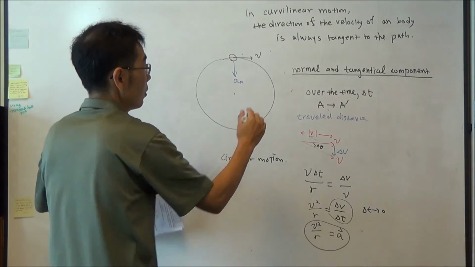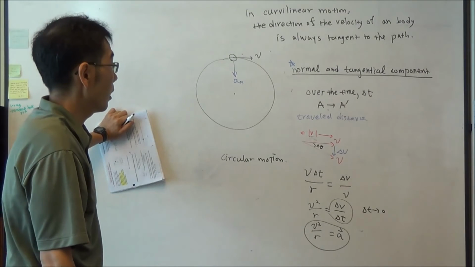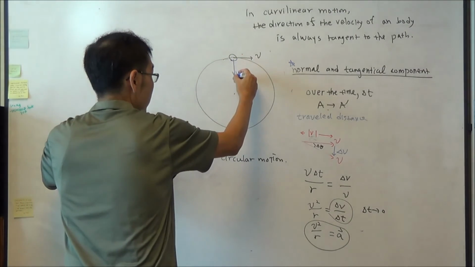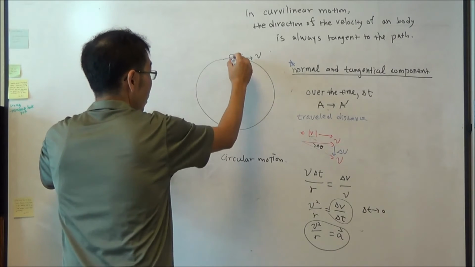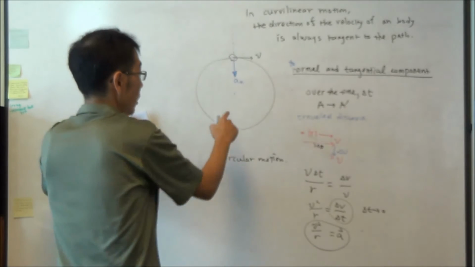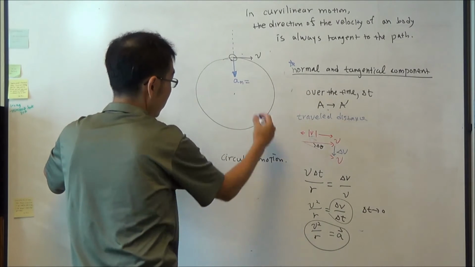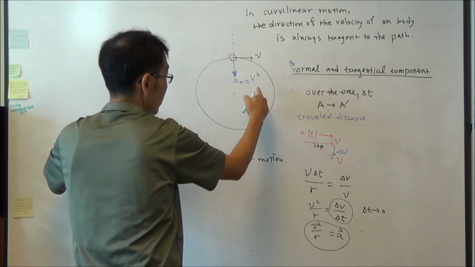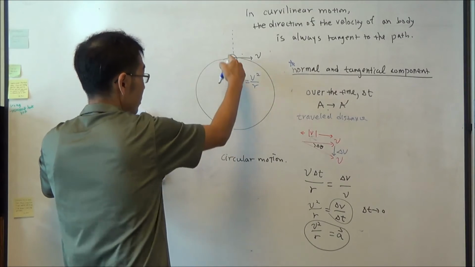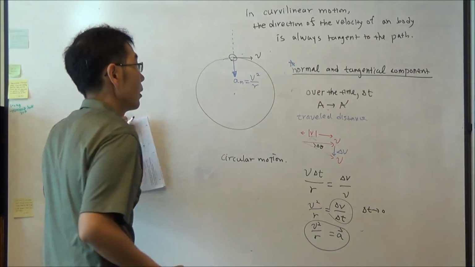We're still going to use normal and tangential components when we describe the motion. This acceleration pointing to the center is along the normal direction of your particle. That's why this is a_N. a_N is always represented by the instantaneous velocity squared over R. Right now we know that the radius of this circle is R, and this is v.